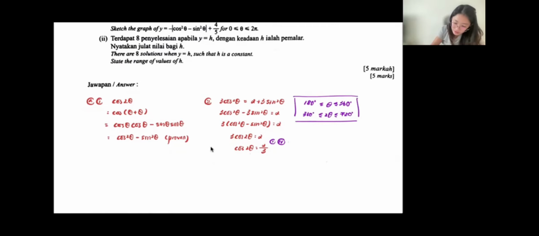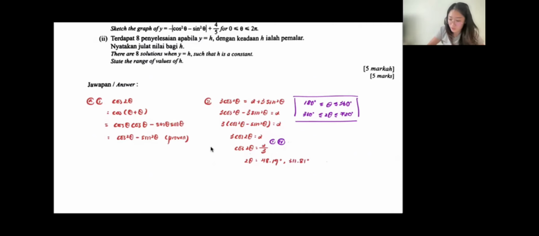So now let us find out 2 theta. What are the angles? Shift cos 2 over 3. You are getting your reference angle in your calculator, which is your first quadrant. That will be 48.19 degree. Getting the fourth quadrant, you will take 360 minus 48.19. This is 311.81.